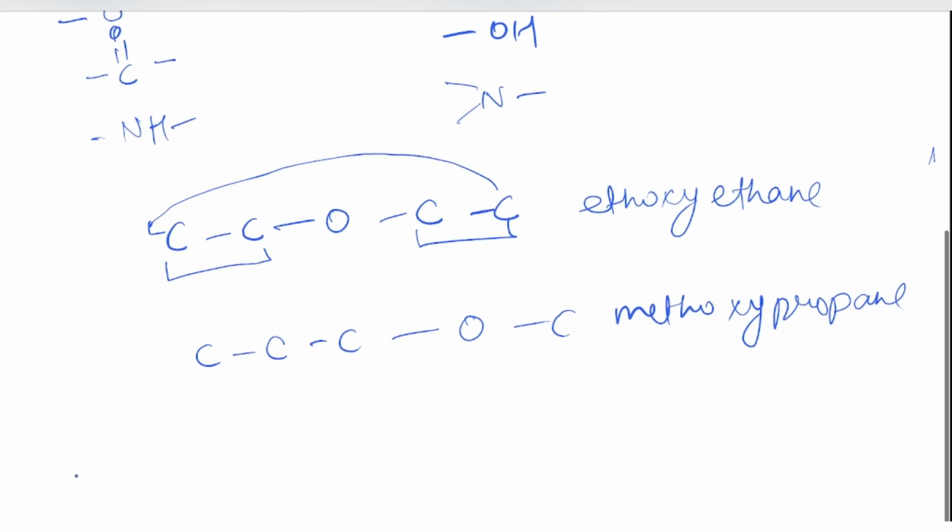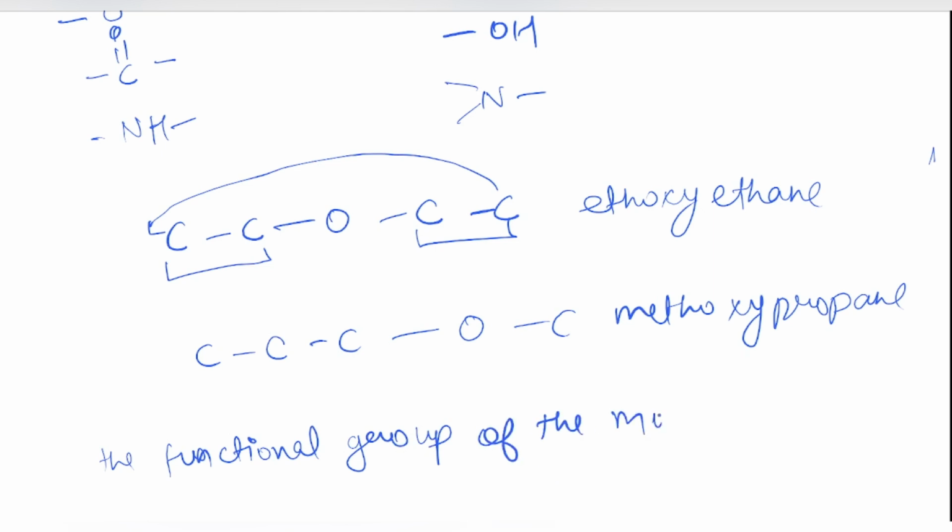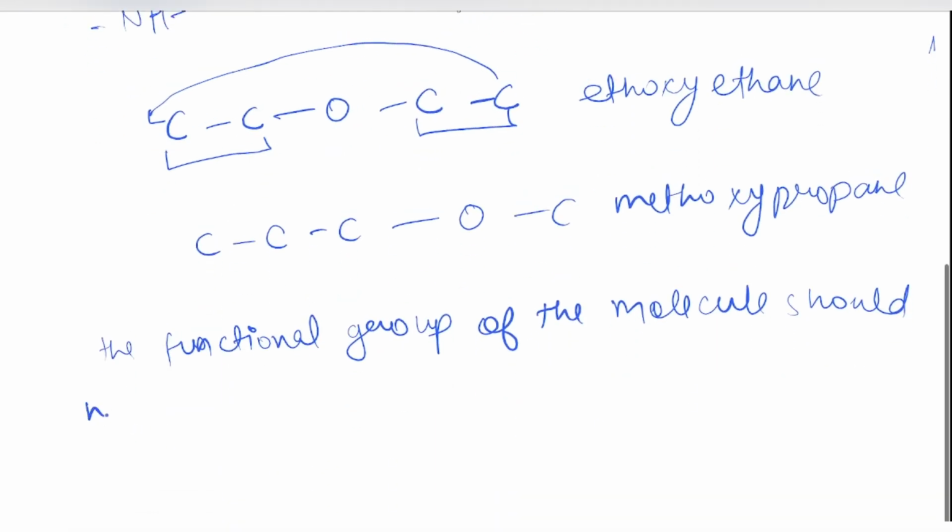One of the important rules for meta-isomerism is that the functional group of the molecule should not change. The functional group has to remain the same. If this is an ether, then this should be an ether too for it to be meta-isomerism. Let me give you some more examples.